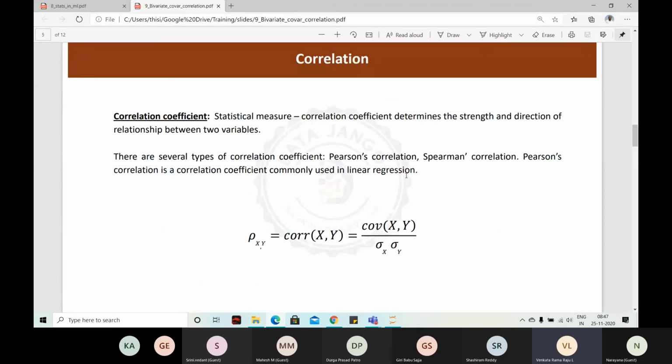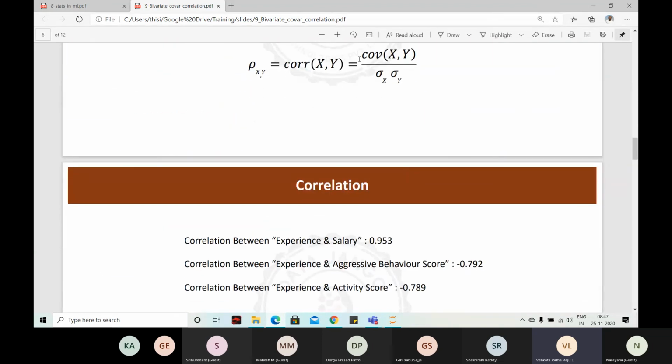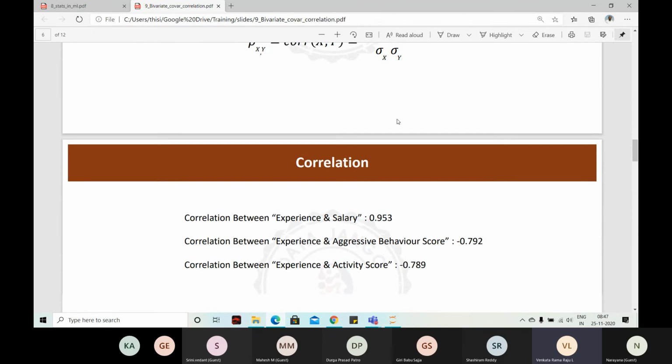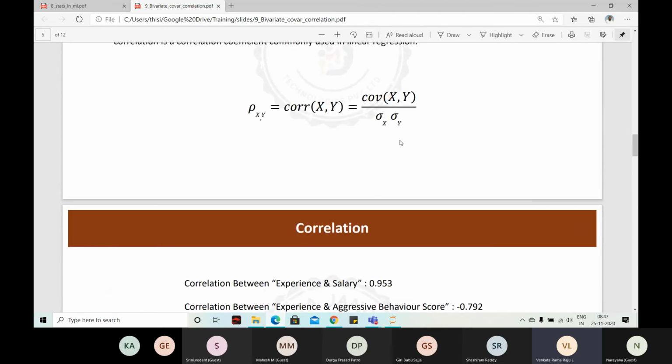Whether you do covariance or correlation, it is the same, but correlation is a standardized value and it is going to be between -1 and +1. If the value of the correlation is close to -1, it is a strong negative relationship. Correlation will give you direction and strength both.